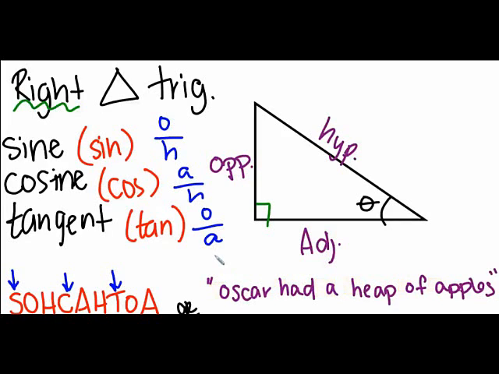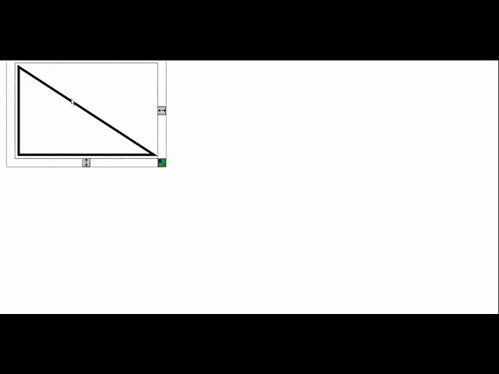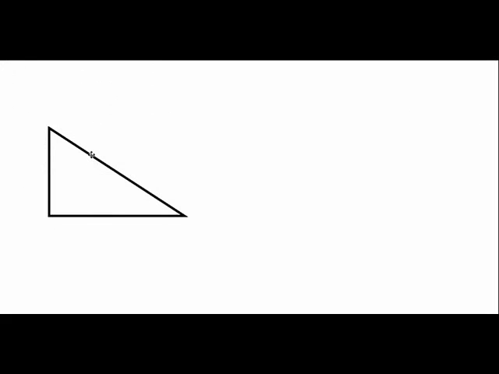Alright, so once we've got these ratios, let's use them to solve for some missing pieces of triangles. Go ahead and draw yourself a right triangle. It does not always have to be in this direction. I know I've drawn it in this direction, but just so you can see it from other directions, it doesn't matter where your right angle is.